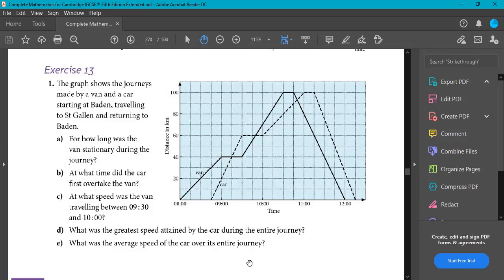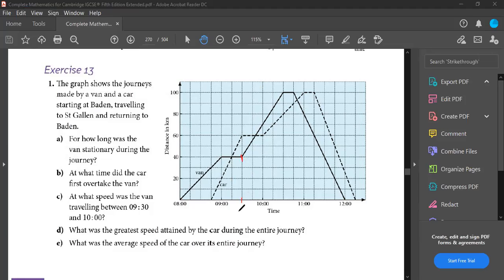After that half an hour, they started going again until they reached 100 kilos away from the house, where they stopped again because one of them needed to go to the bathroom. And finally, the distance became smaller, which means this is the time back to the house.